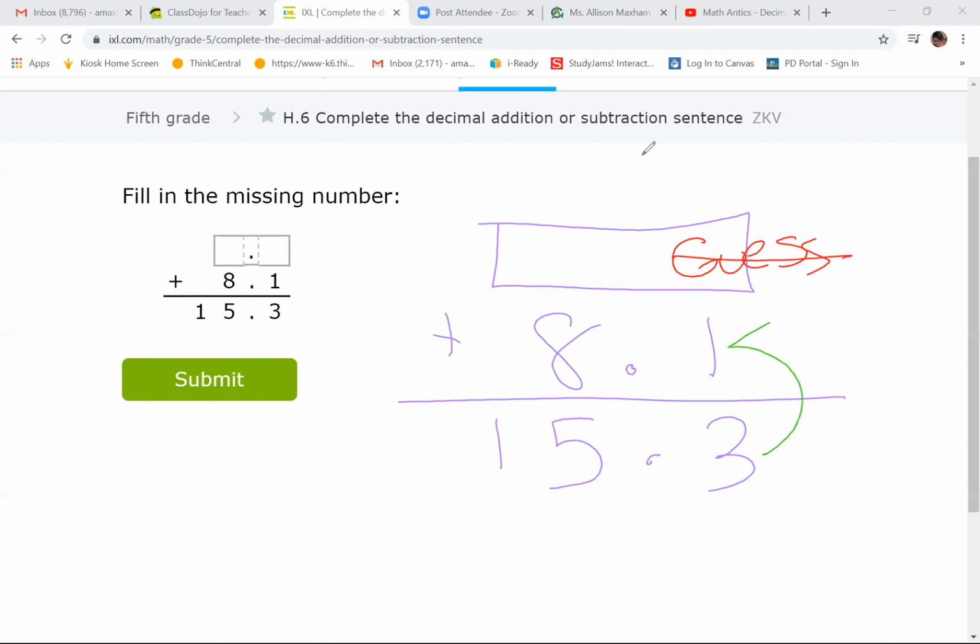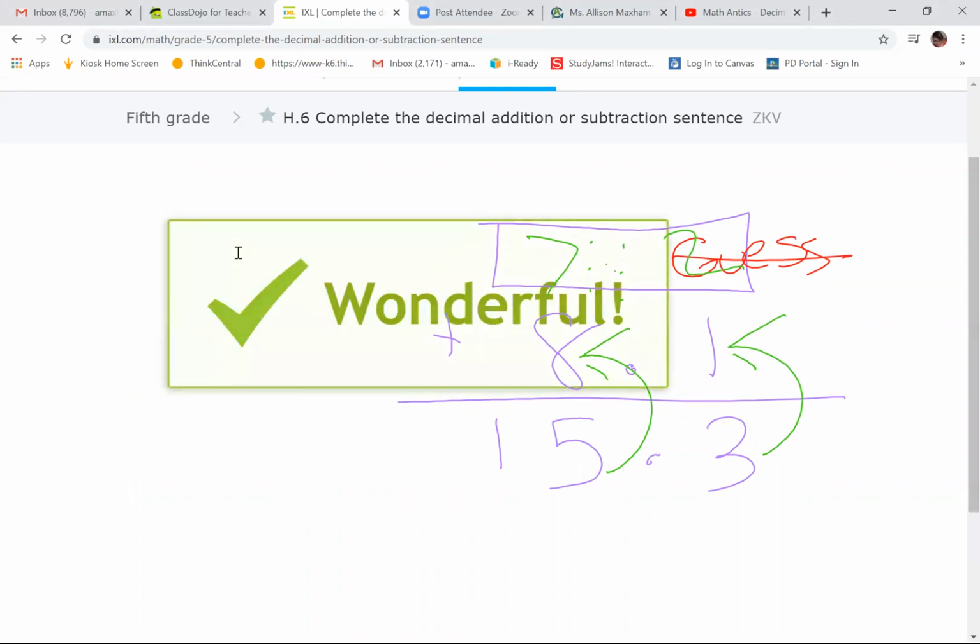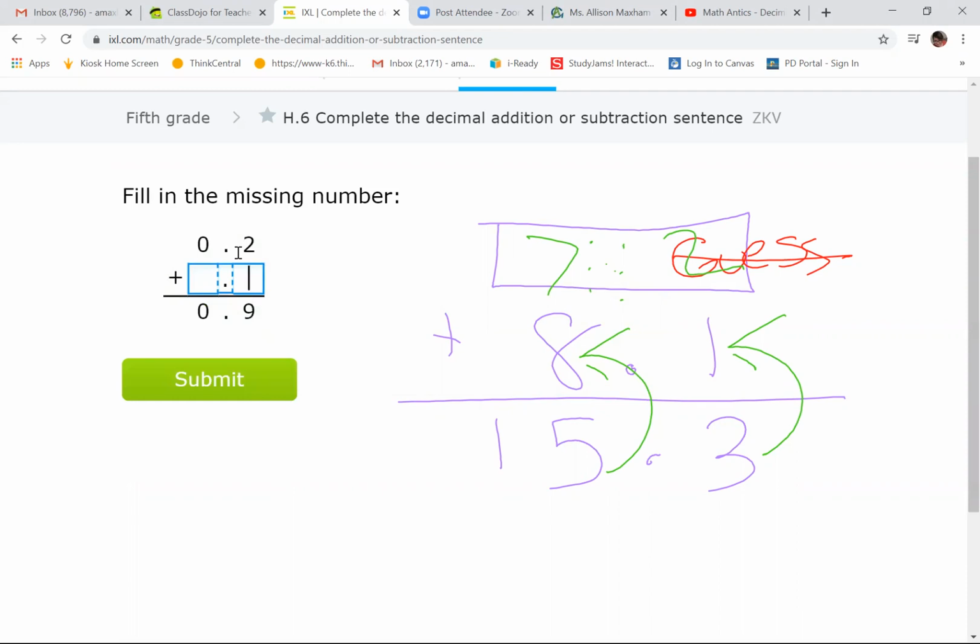What's 3 minus 1? 2. What's 15 minus 8? It's 7, right? Did you get 7? 8, 9, 10, 11, 12, 13, 14, 15. Yeah, it's 7. So 7.2 or 7 2/10. I use my inverse operation. 7 2/10. Wonderful. Okay. Perfect job, boys and girls.